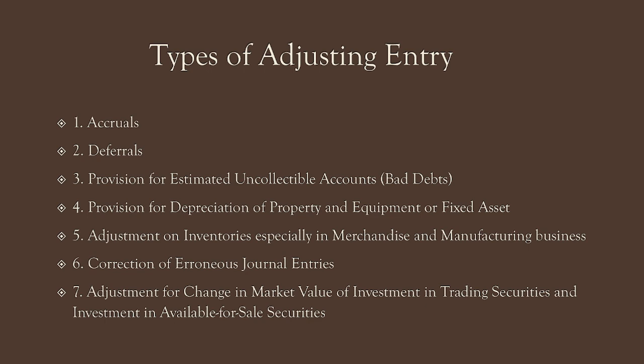Don't you worry, your professors and teachers will teach you about these types, and in my case, mag-focus lang ko sa accruals and deferrals. Kaya mo may request sa akong igagaw.